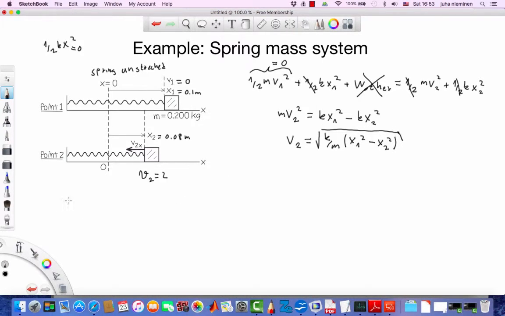And let's give some values. So the spring constant in this case is 5 newtons per meter. It means 5 newtons of force to stretch it 1 meter. And the mass, as we see, that's already there, 0.2 kg.